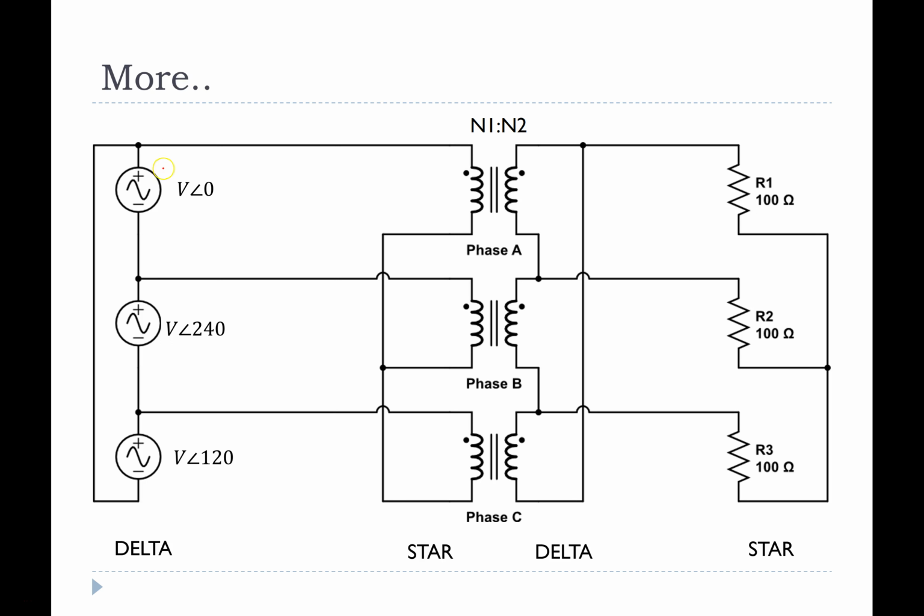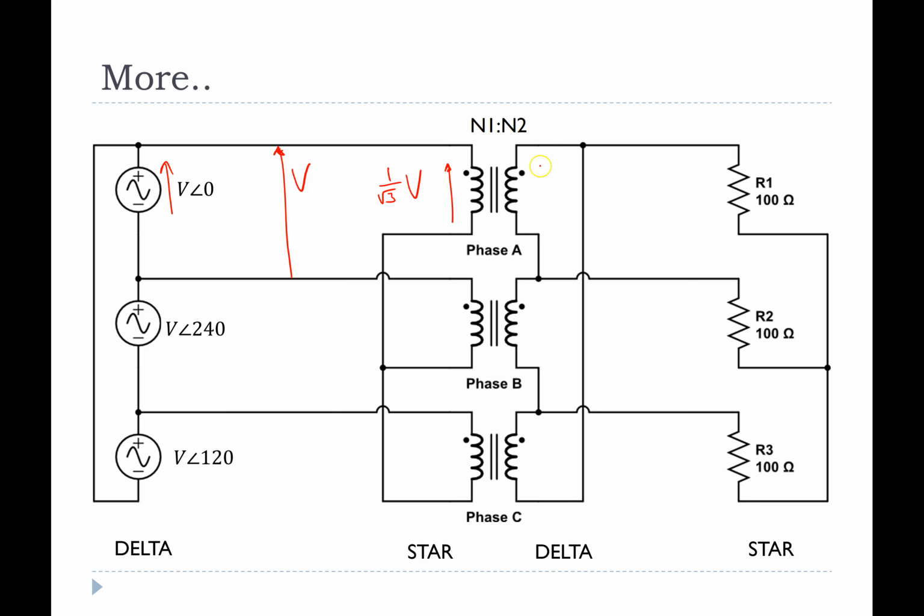We have the phase voltage here is V volts. Since this is a delta connection, the phase voltage and the line voltage would be the same. So we have V volts here. Now we have a star connection. So we know the phase voltage for a star is 1 on root 3 by V volts, which is the line voltage on the star.